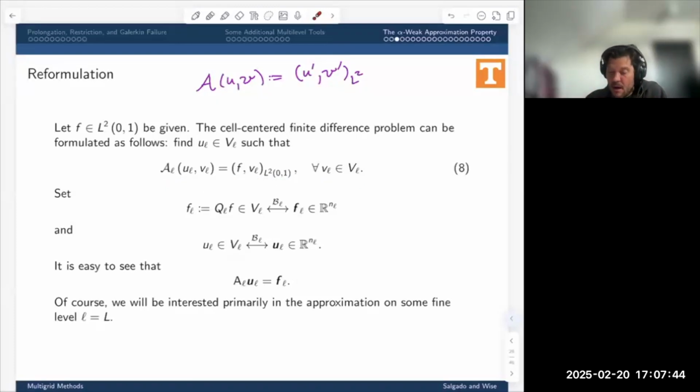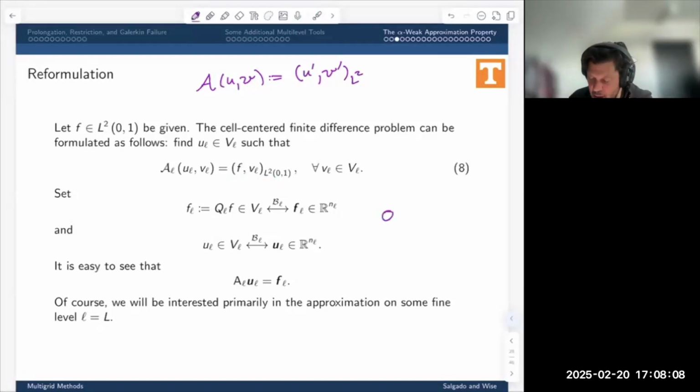Now, what does this f look like? I can replace this f here with its L2 projection into the space V_L, because that's how that thing is defined. If I go back and look at the L2 projection, how did I define that?